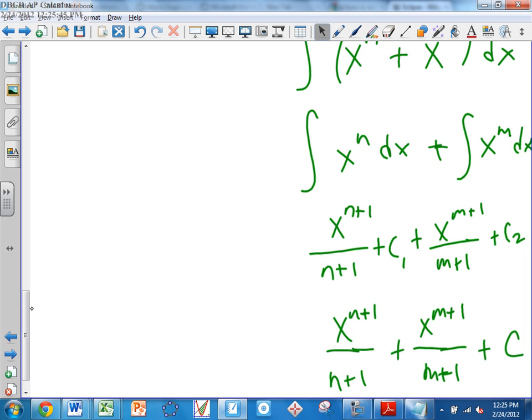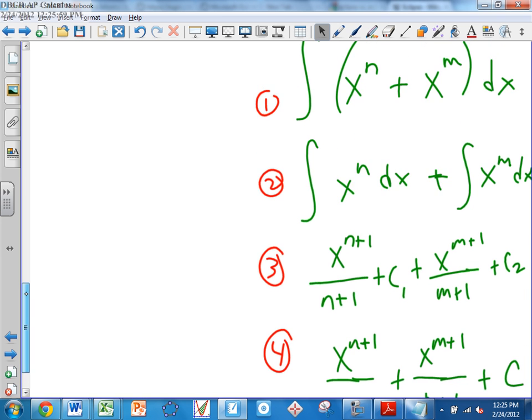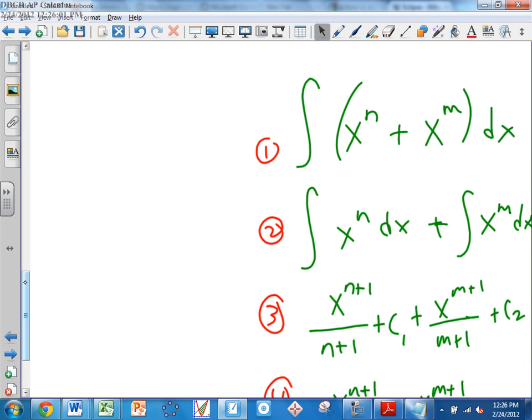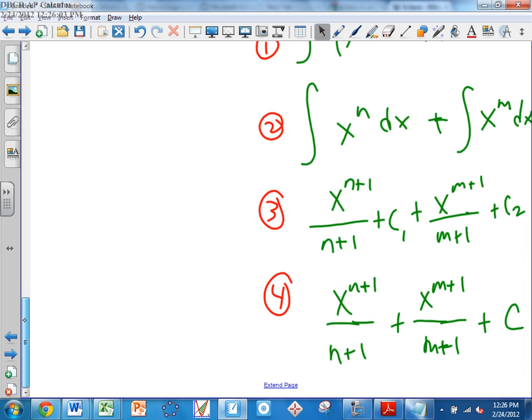The integral of this is this, and then this reduces to this. So this is step 1, then it reduces to step 2, which reduces to step 3, and the final answer is step 4. Clearly, once you get used to it enough, you can go from step 1 to step 4 instantly. Break it up in your mind, integrate them separately in your mind, and tack on a constant at the end of the whole thing.